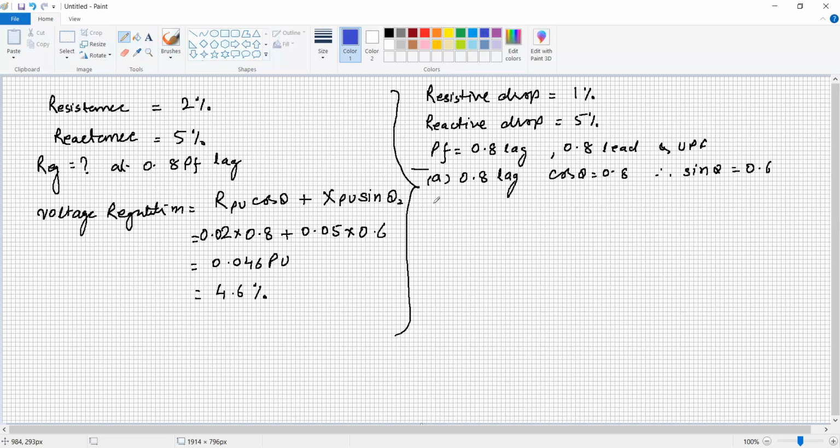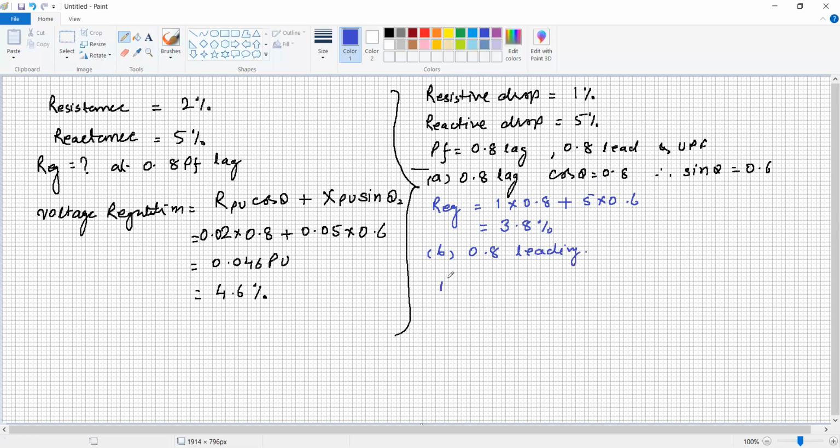Regulation is the resistive drop and reactive drop: 1 into 0.8 plus 5 into 0.6. Therefore voltage regulation is 3.8%. Now part B, the 0.8 leading.